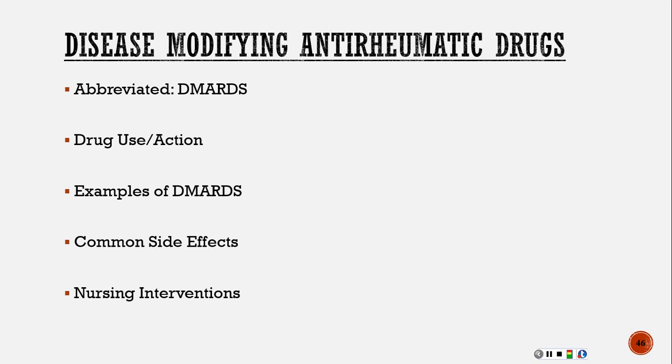Some of the main ones you'll see: methotrexate or Folex, Plaquenil, and Azulfidine. All right. Common side effects here: anorexia, nausea, vomiting, diarrhea, and headache.